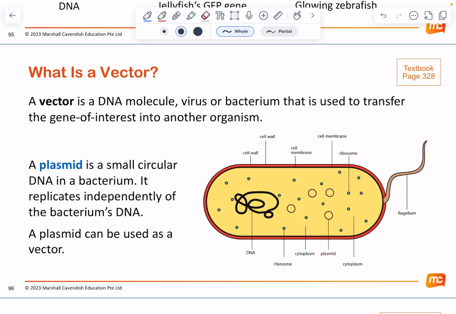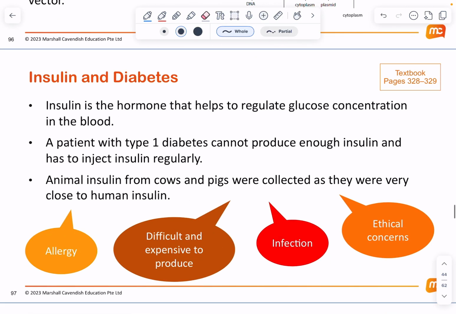Think of a vector as a sequence of DNA used to carry the gene of interest, like a vehicle. Let's say the vector is a car and the gene of interest is a box of things you bought from the supermarket. You put the box into the car, and the whole thing is the recombinant DNA. By itself, the car is just a car, so it's a vector.